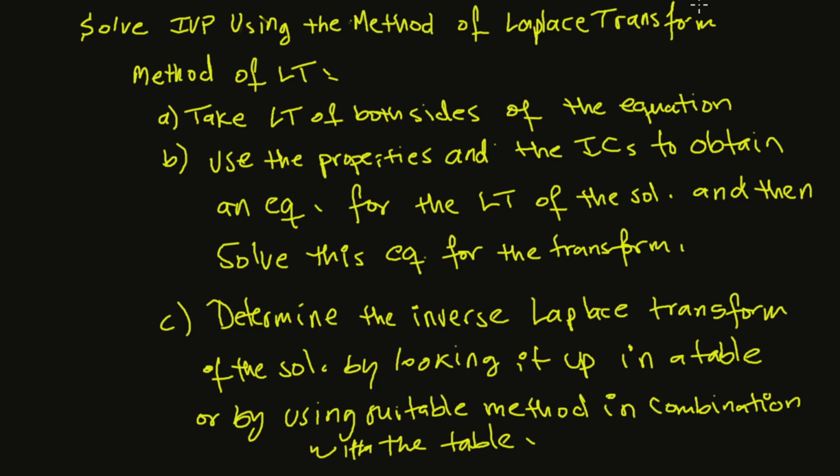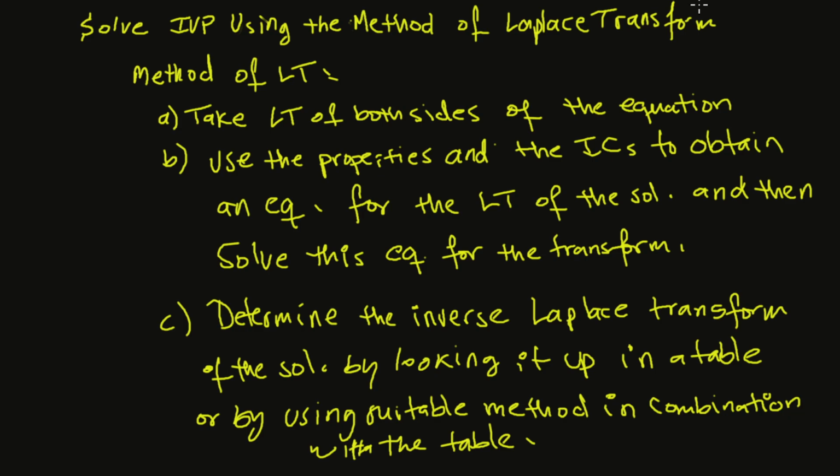Other advantages, of course, are that the technique can easily handle equations involving forcing functions having jump discontinuities, and there are some other advantages. When it comes to the method itself, as written here, you take the Laplace transform of both sides of the equation.